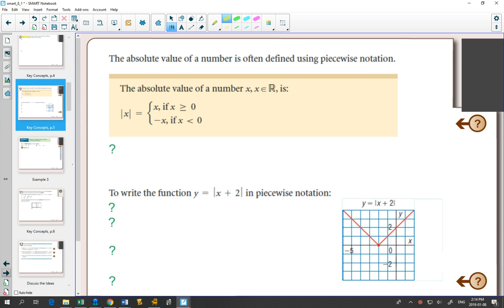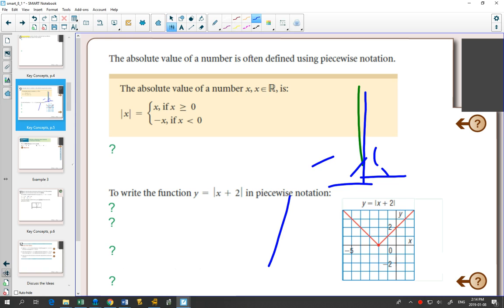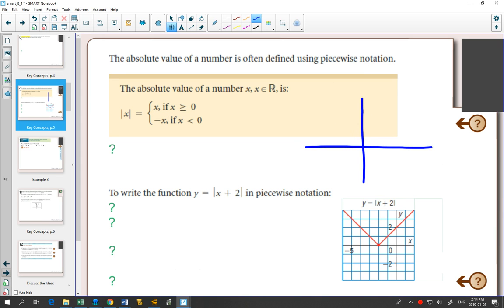So for example, when you have an absolute value of a function, we've learned that you could graph the inside first and then flip whatever's below above the x-axis.